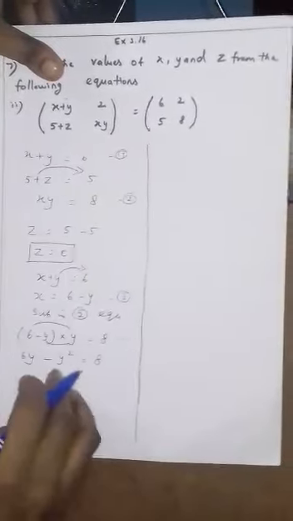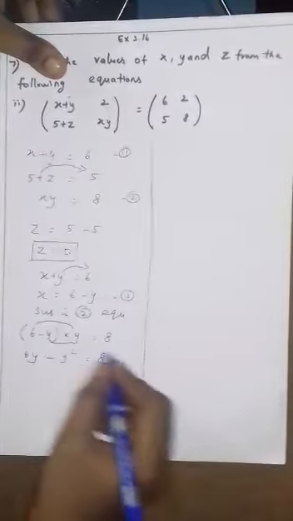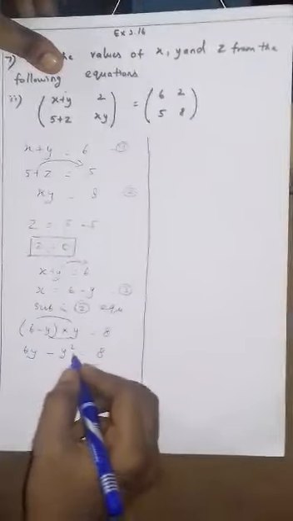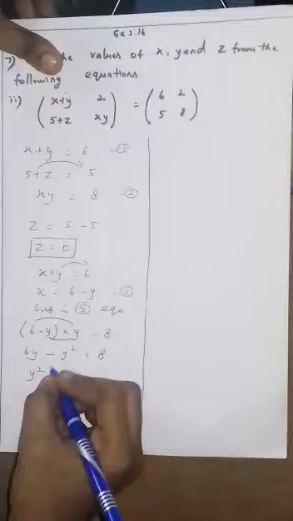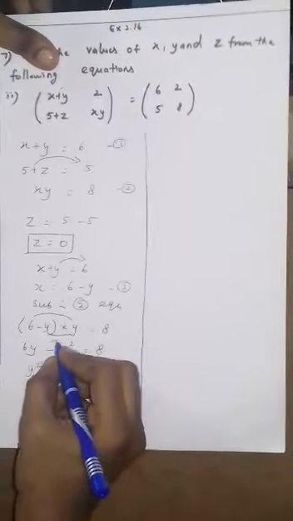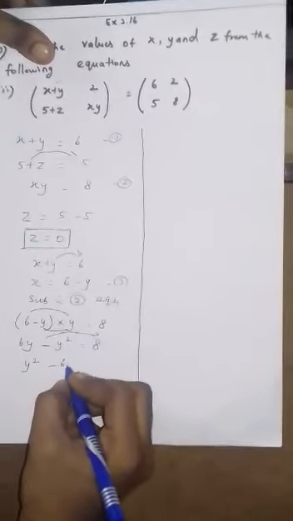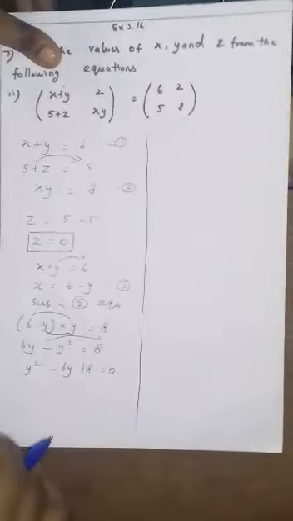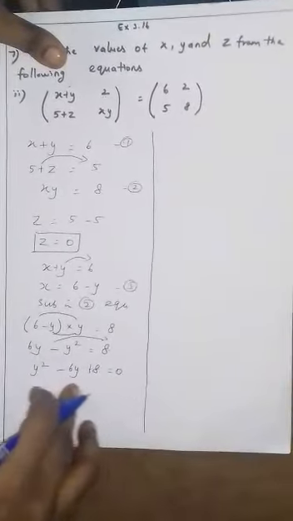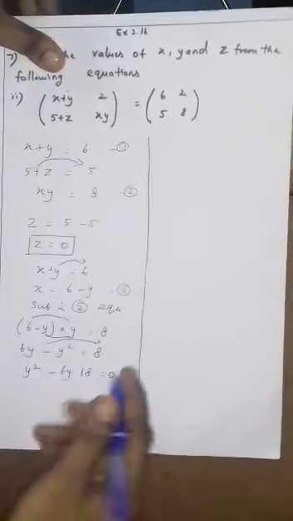Both terms are changed to the right hand side, plus changes to minus, minus changes to plus. So minus y square changes to plus y square, and plus 6y changes to minus 6y, plus 8 equal to 0.